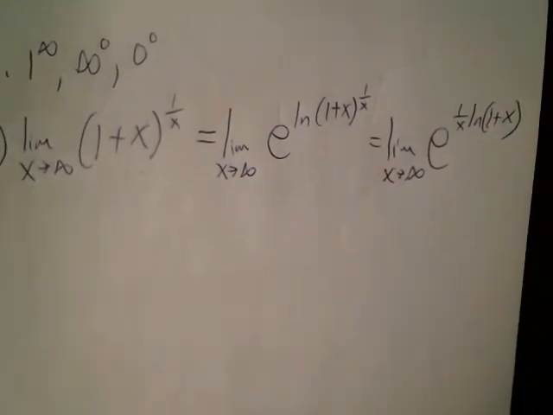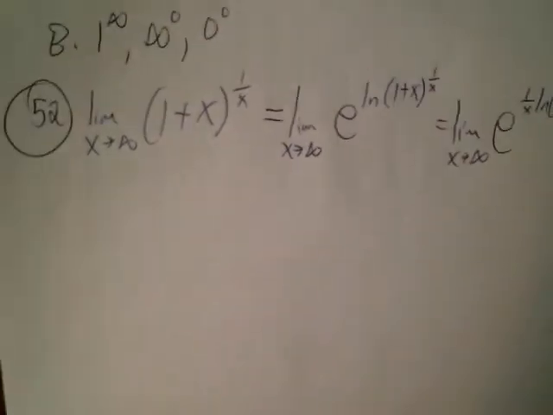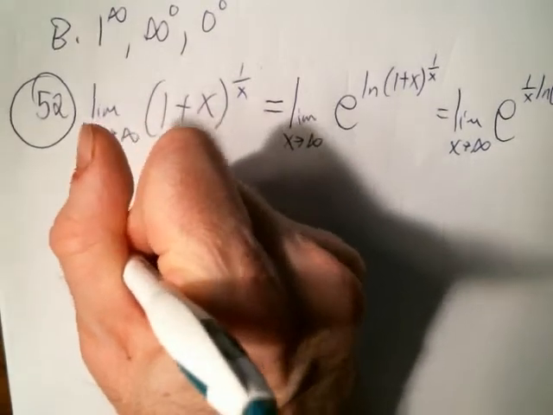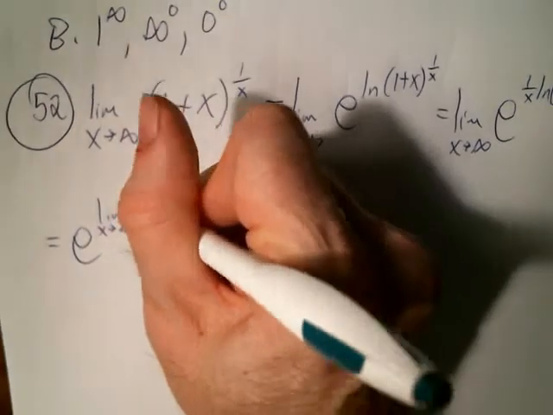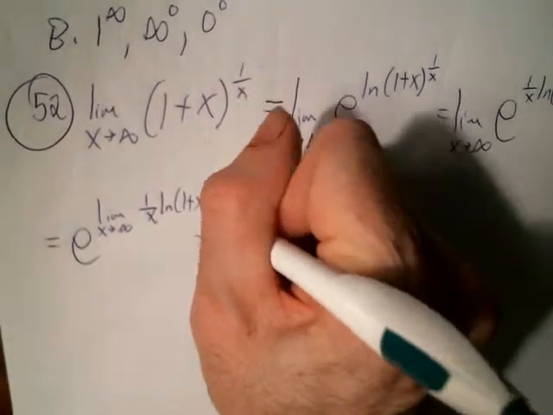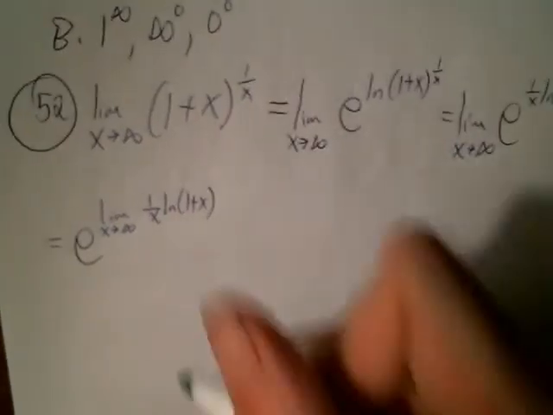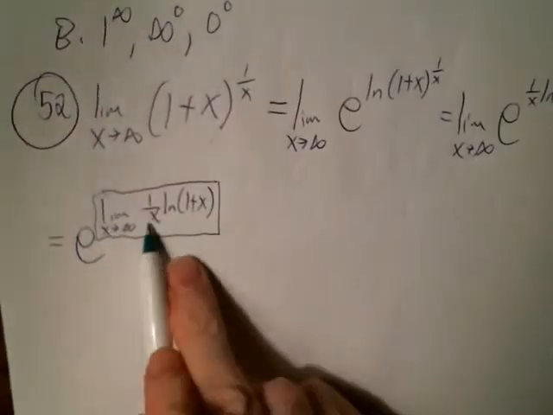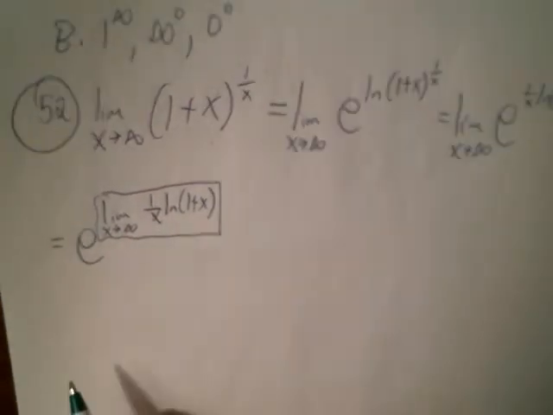And then I'm going to slide the limit up into the exponent. So I'll end up with e to the limit as x goes to infinity of 1 over x times the ln of 1 plus x. And then you just figure out this limit, and at the end, e to whatever that is is your answer.